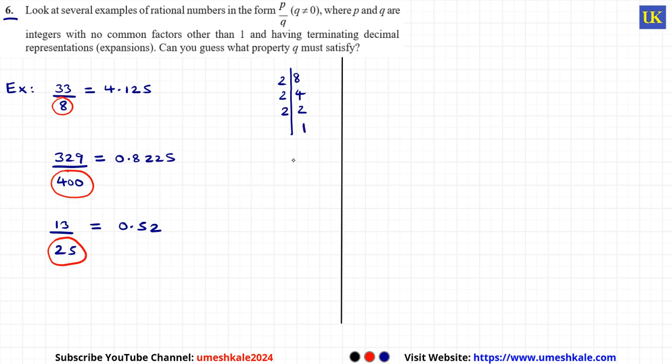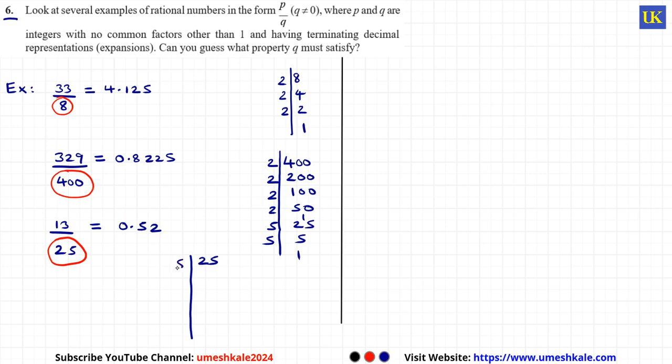Now 400's factors we will find. 2 2s are 400... 2 1s are 200, 2 5s are 100, then 2 2s are 4, 2 5s are 10, 5 5s are 25, 5 1s are 5. Now we will find the factors of 25 here. 5 5s are 25, 5 1s are 5.